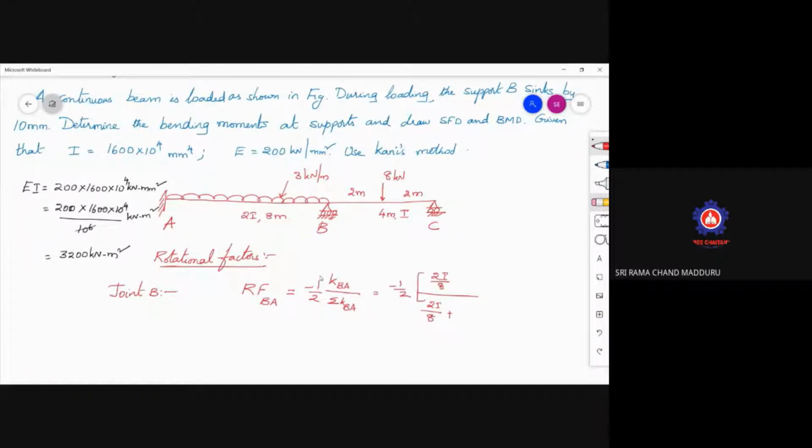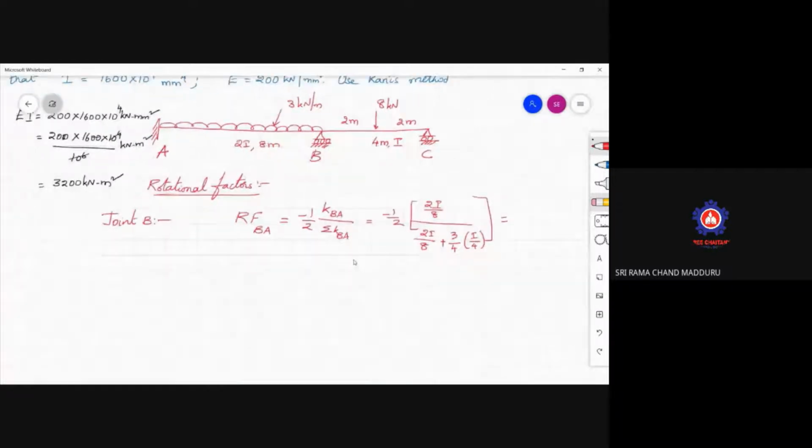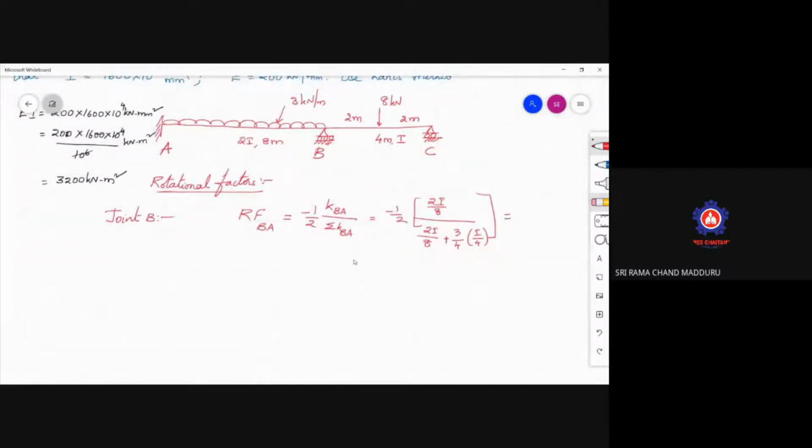In this, you can see support C is a roller support. That's why there will be a reduction in the stiffness, which is 3/4 of I by 4. This is how we calculate and write it down. So in this case, minus half of, this value will be minus 0.28.